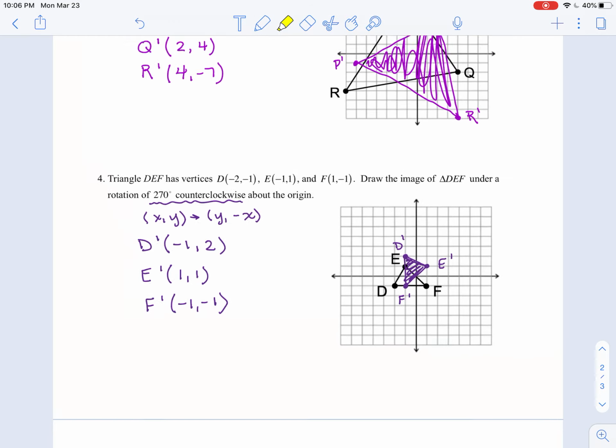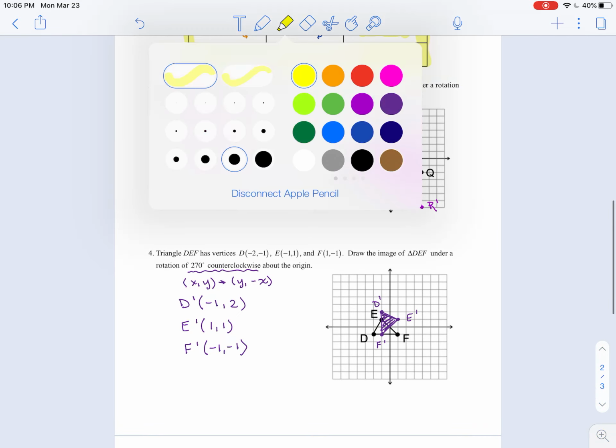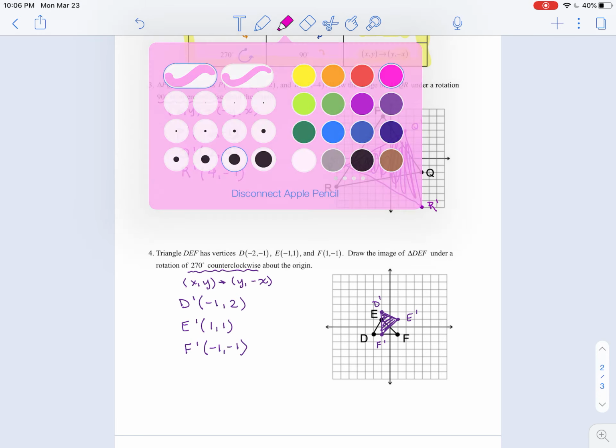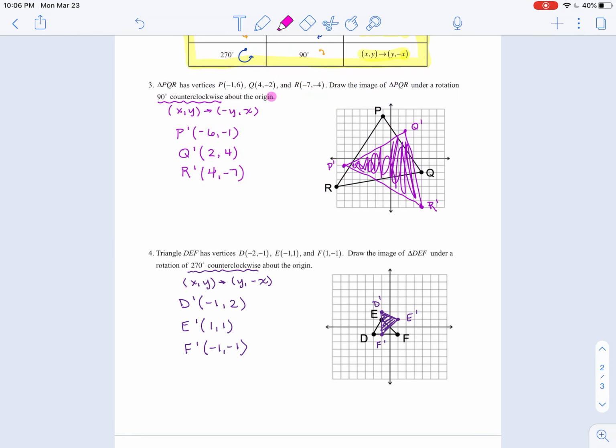One of the things I forgot to mention, but is actually pretty important, is that each of the rotations that we just did were rotated about the origin. The 3 rules that are listed at the top of your paper are for 90 degree, 180 degree, and 270 degree rotations only if they are around the origin, or the origin is your center of rotation.